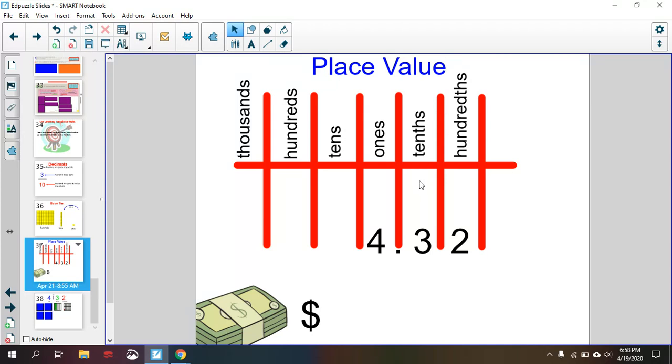Now we call this place right behind the ones place the tenths place because it takes 10 tenths to make a whole. The place behind the tenths place is the hundredths place because it takes 10 hundredths to make a tenth, just like it did on this side. It's almost like there's a pattern here.